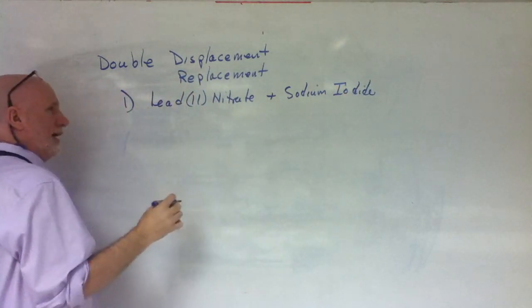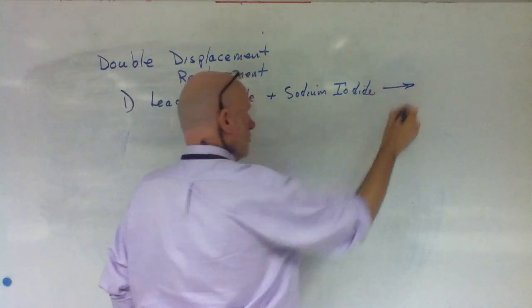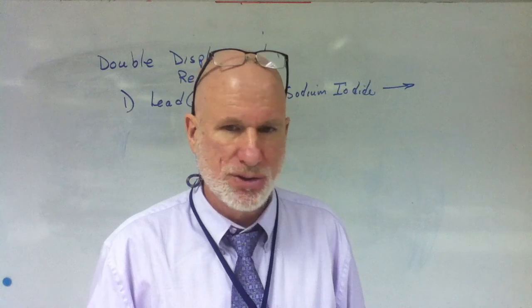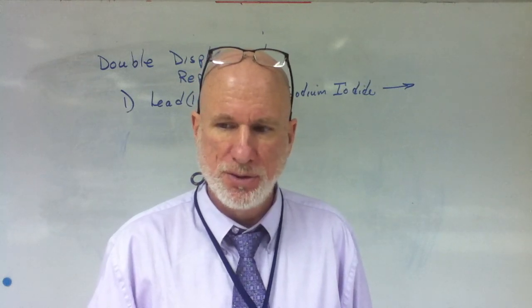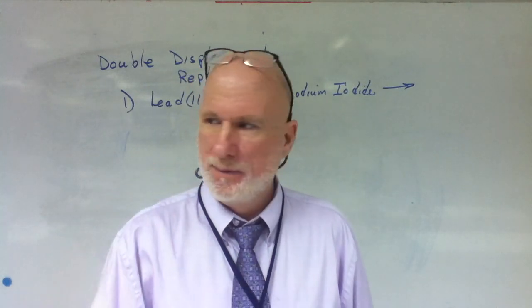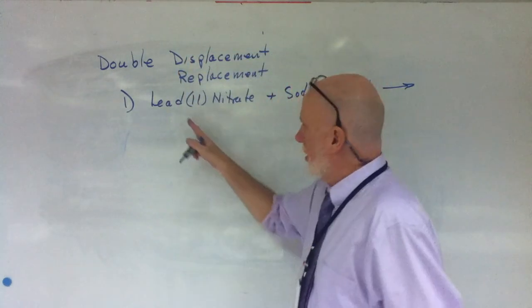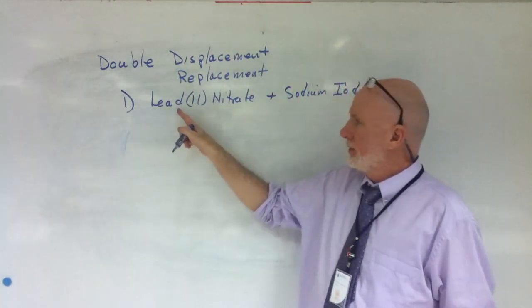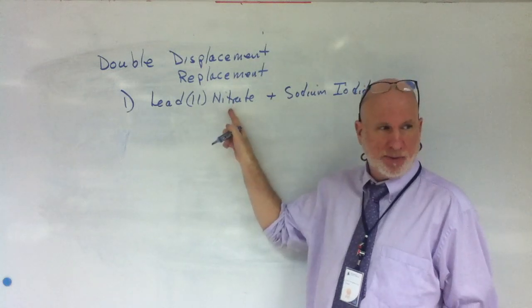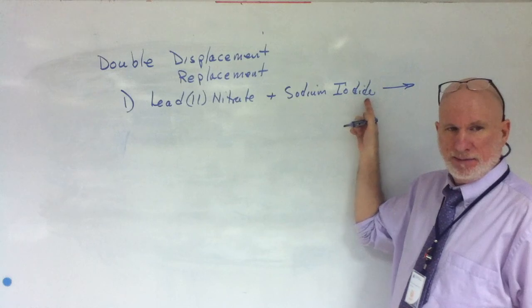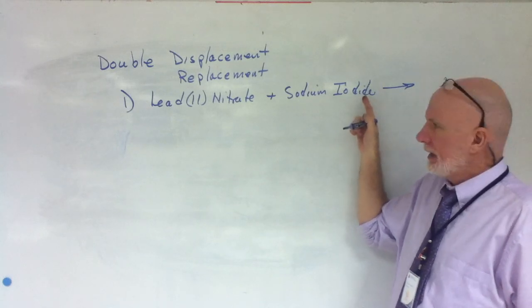Okay, and I want you to A, predict the products, and B, write the stoichiometric equation. So this is going to be AB, remember we did this? AB, CD, yes?